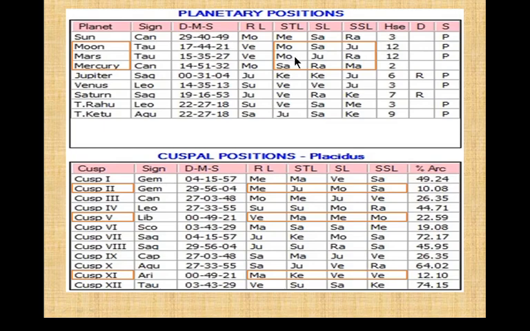Similarly Mars in the star of Moon, and sublord is Jupiter. Moon appearing in 2 and 5, and Jupiter appearing in 2. And then Mercury in the star of Saturn, and sublord is Rahu. Saturn appearing in 2. Rahu represents Venus, and Venus appearing in 5th and 11th. So the desired cusp got stimulated and childbirth happened.